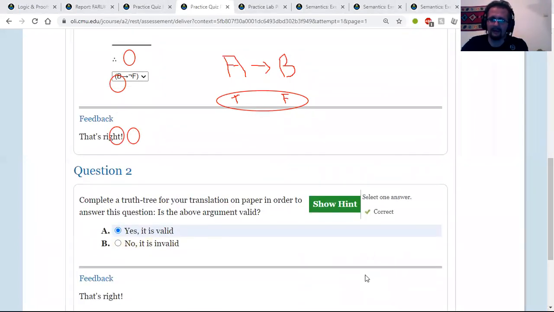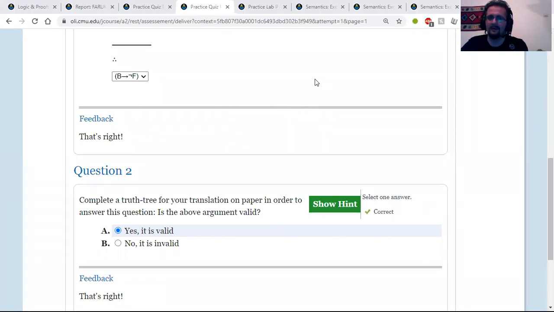And now we can erase all the stuff that's on the screen right quick. All righty. All right, so that's how you solve those. Now remember that the idea of validity is an argument is valid if you get to the conclusion directly from the premises.